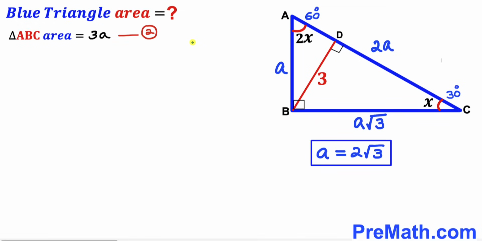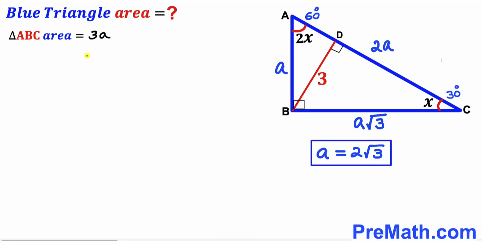And here's our final step. Now we are going to calculate the area of this blue triangle ABC. And now let's focus on this equation 2. The triangle ABC area is going to be equal to 3 times a. And our lowercase a value is 2 times square root of 3. So I'm going to substitute that value 2 times square root of 3 over here.